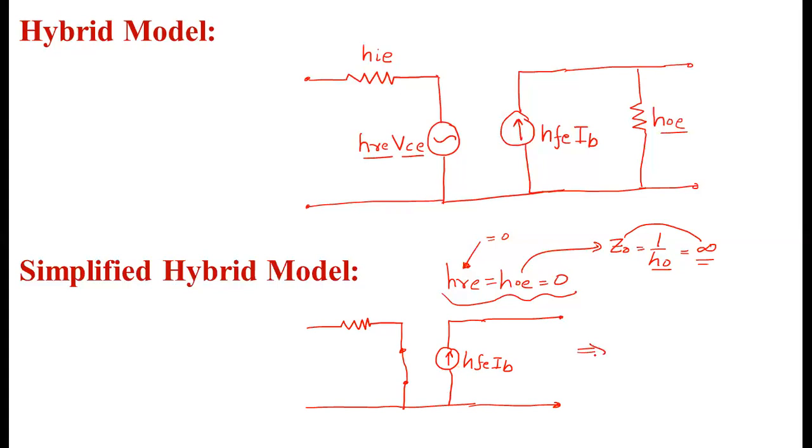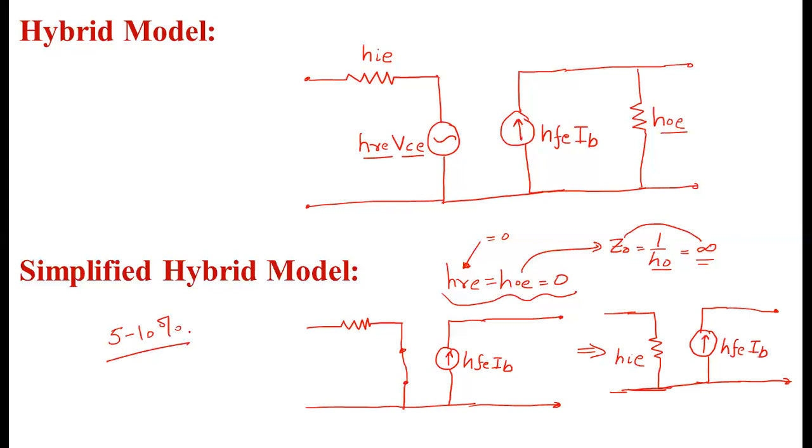In other way, we can draw it this way. Here we have the HIE and here we have the HFE IB. So this is the simplified hybrid model for common emitter. Removing HRE and HOE gives an error of only about 5 to 10%. So if we analyze the circuit with the hybrid model versus the simplified hybrid model, it gives us about 5 to 10% error.